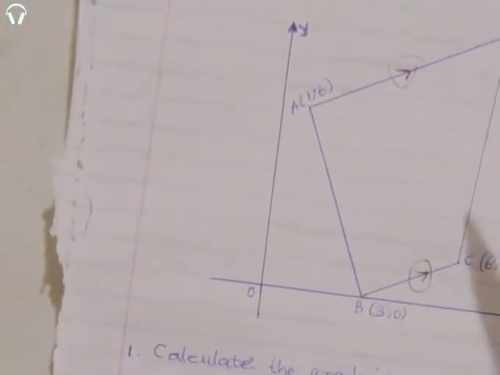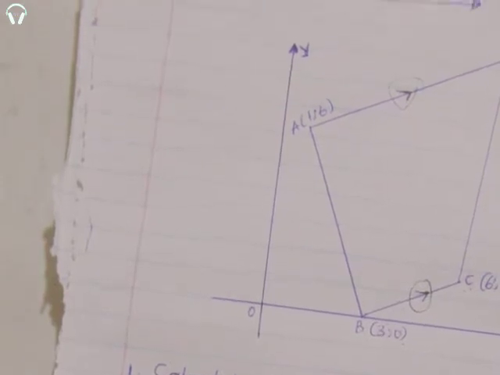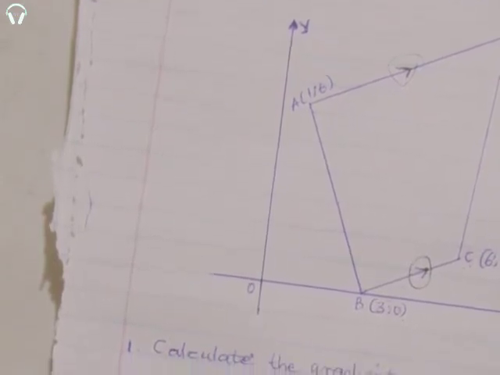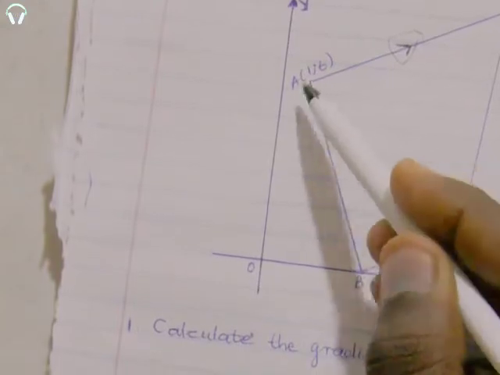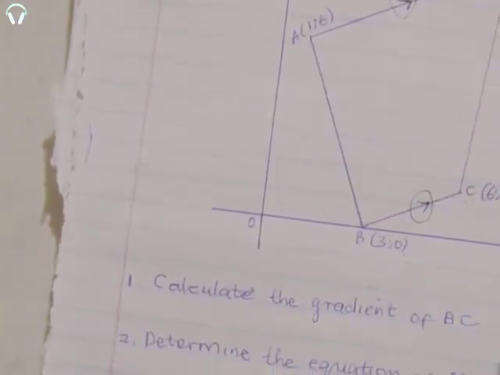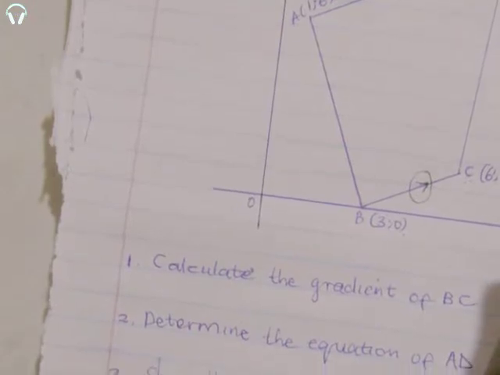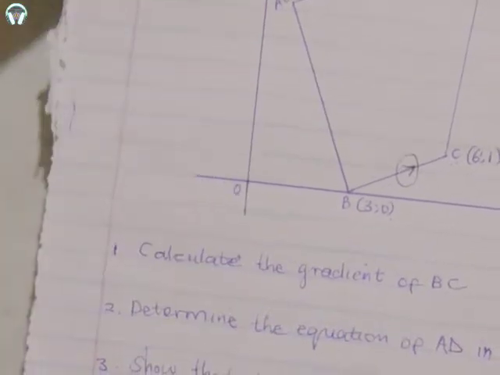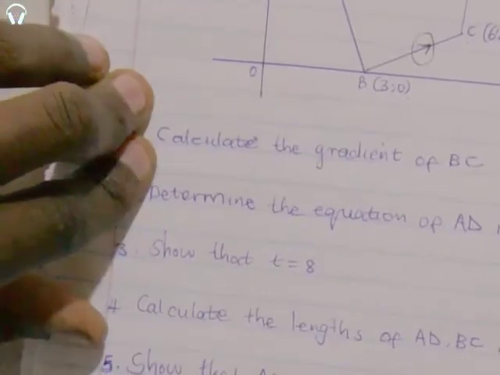Now, t is the y coordinate of point D, which is on the line AD. The question requires us to prove that t equals 8. It's much easier because we have the equation of the line AD from the previous question.